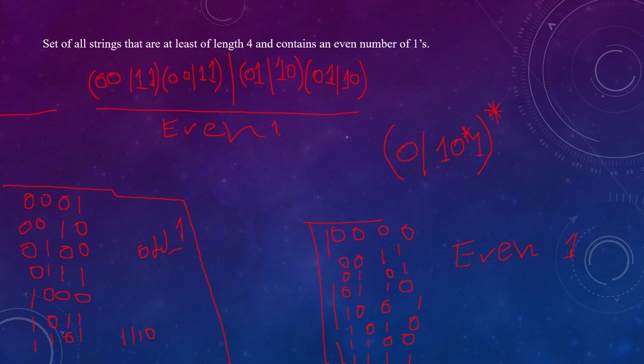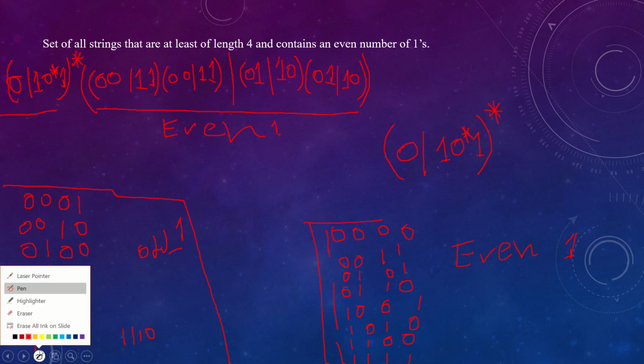So we have to put this before this part, right? So we have to put this here. So 0 or 1 0 line closure 1, and they can come any number of time, right? So a line closure once again.